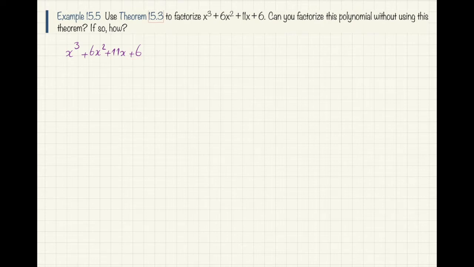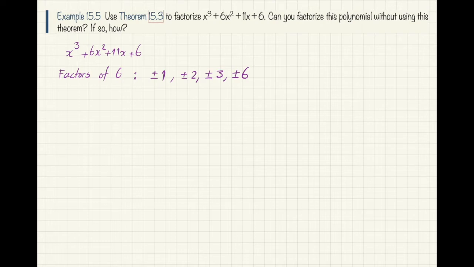So what are the factors of 6? Factors of 6 are plus or minus 1, plus or minus 2, plus or minus 3, and finally plus or minus 6.